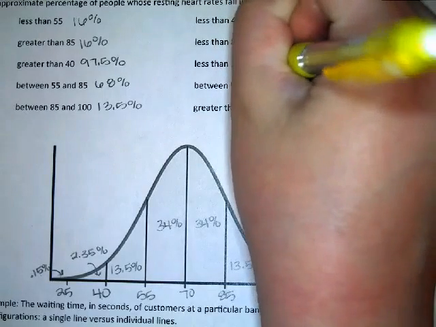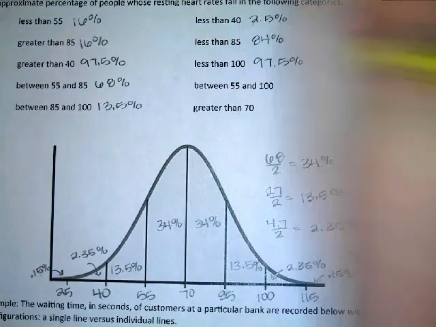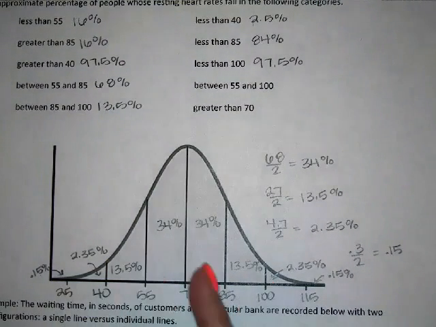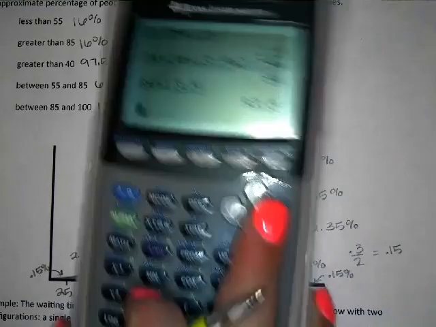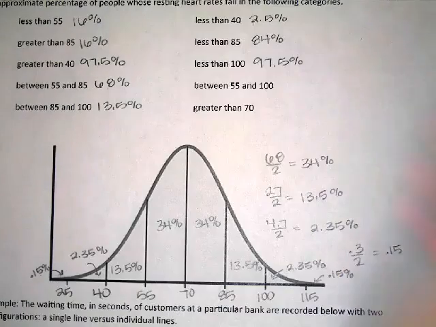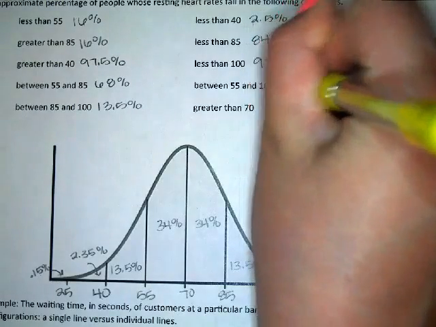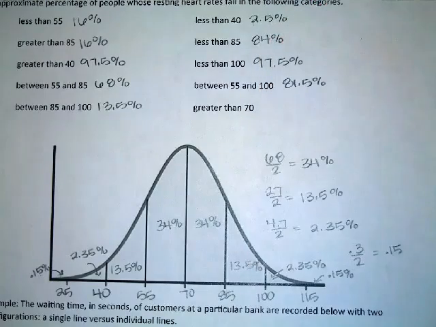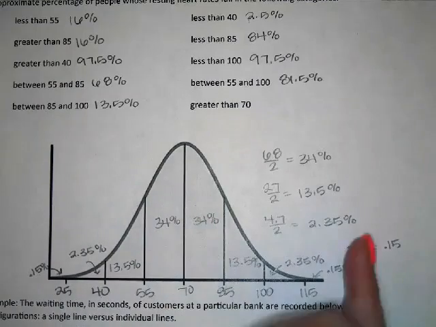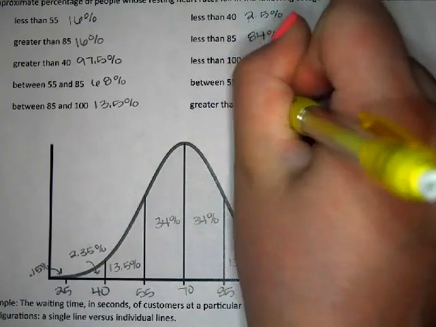Between 55 and 100, so 68 plus 13.5, 81.5%. Greater than 70, well, that's just half. It's the right half, so that'd be 50%. Okay.